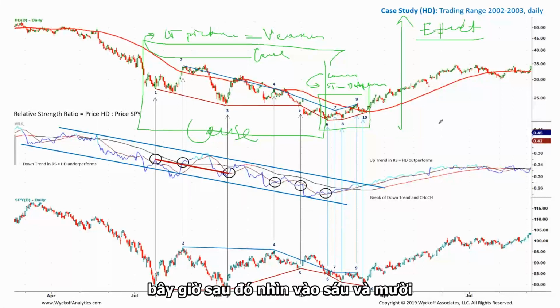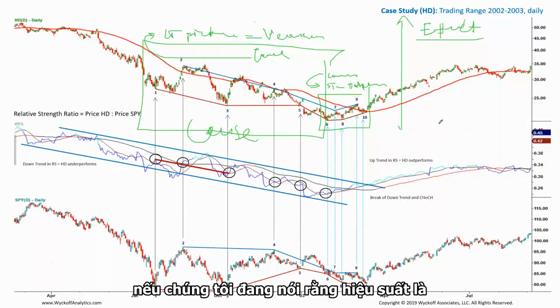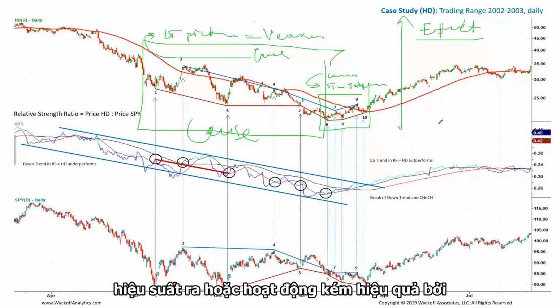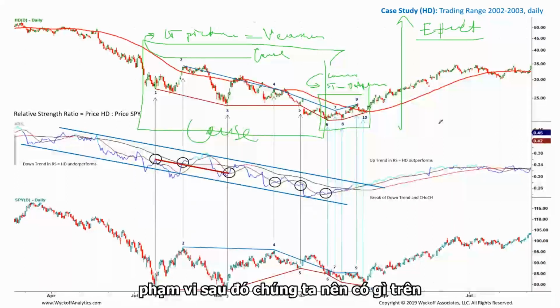Now look at 6 and 10. That causality is very small, but it shows outperformance. So therefore, if we are saying that performance is causal and the effect is going to be equal outperformance or underperformance by what is being shown to us in the trading range, then what should we have on the next move up?